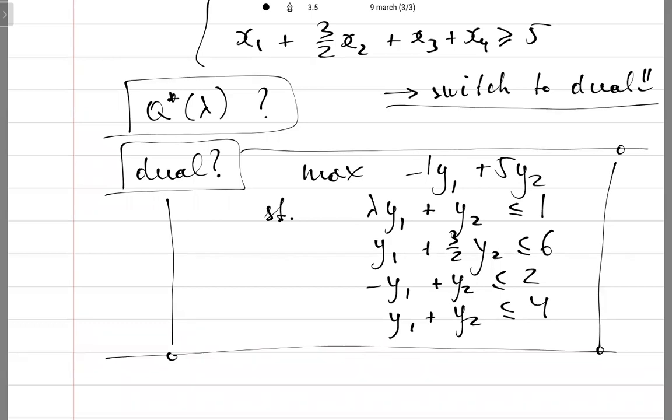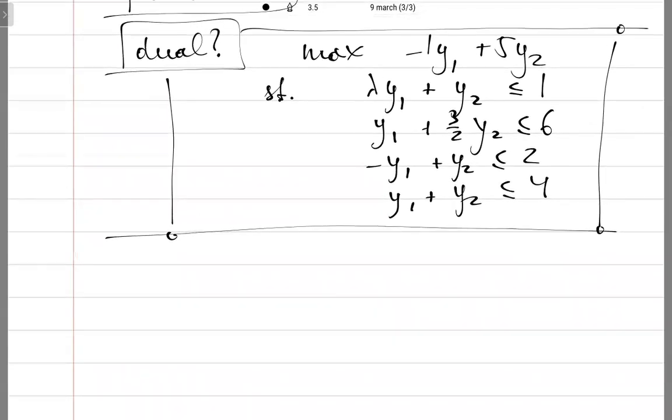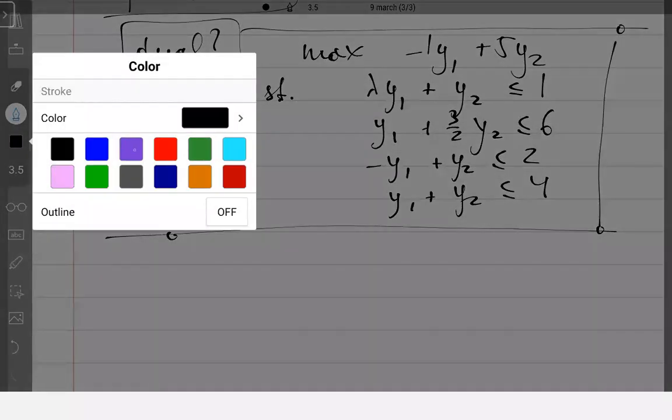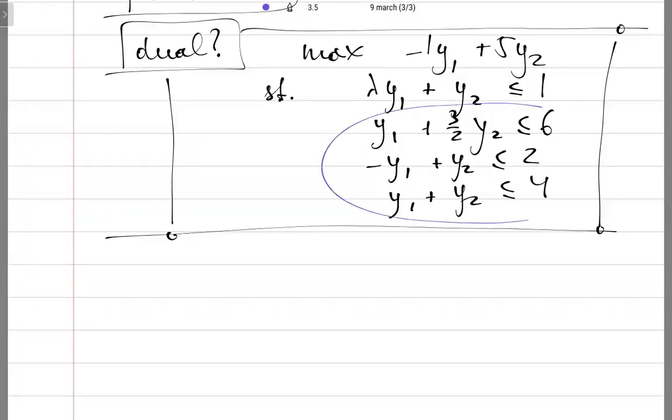Now we should probably draw a graph. It will be more convenient. Yeah, let's draw a plot. I advise you to first start with constant lines that are not affected by parameters. So I will start with drawing the last three constraints.